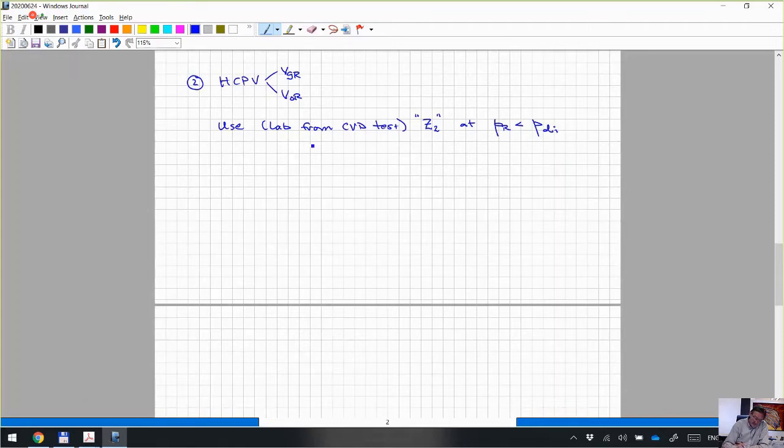If you haven't seen the two-phase Z-factor in the PVT report, I'll show you what it looks like. But if you're going to use MBOW or some kind of Excel gas spreadsheet like we were using yesterday, you have to bring this two-phase Z-factor at these pressures below the dew point from the lab into the software.